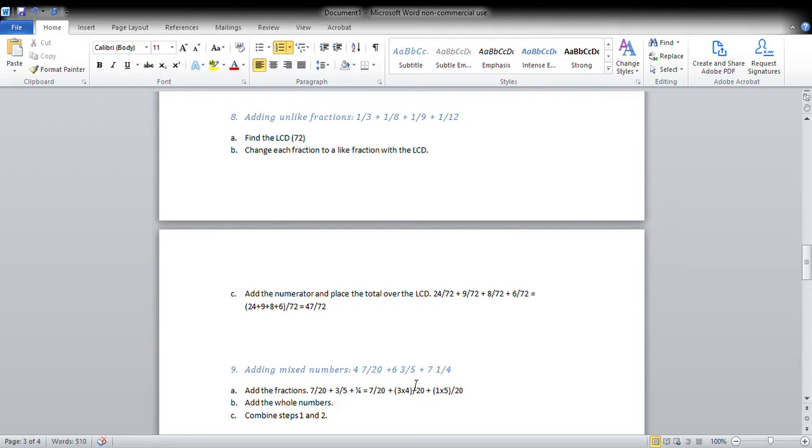And again, in case this wasn't abundantly clear, 7 over 20 stays 7 over 20. 5 times 4 equals 20, but that means that we have to multiply our numerator by 4. And 4 times 5 equals 20, so that means we need to multiply this numerator by 5.